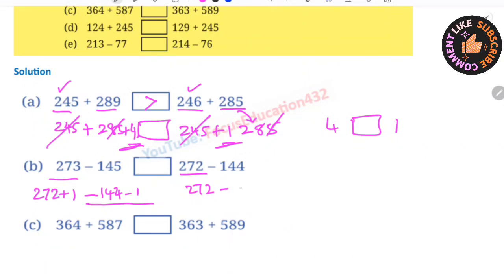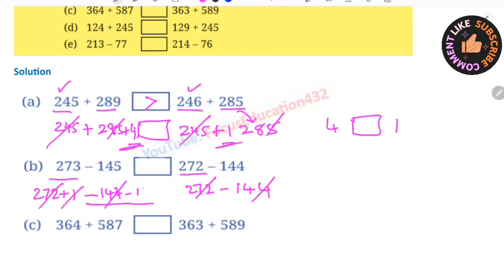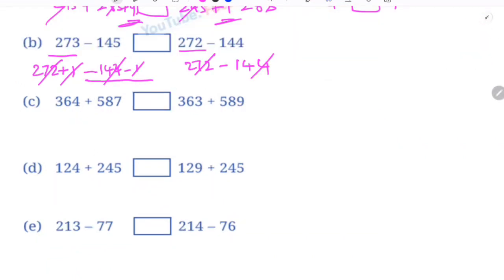Now we cancel: 272 is gone, 144 is gone. What is remaining? Plus 1 minus 1 is 0. So both are equal, and we can write the equal to sign here.